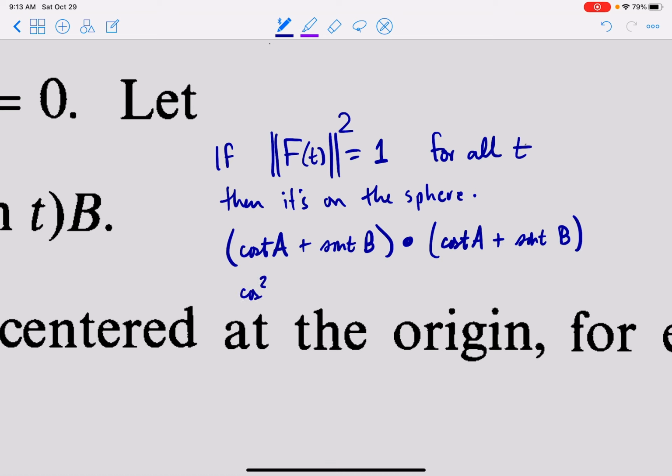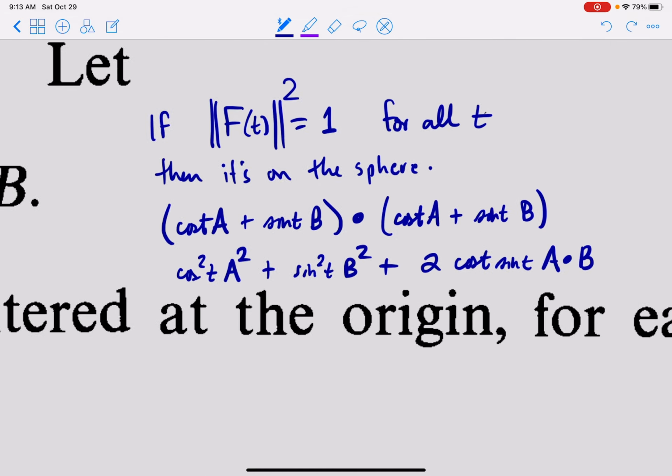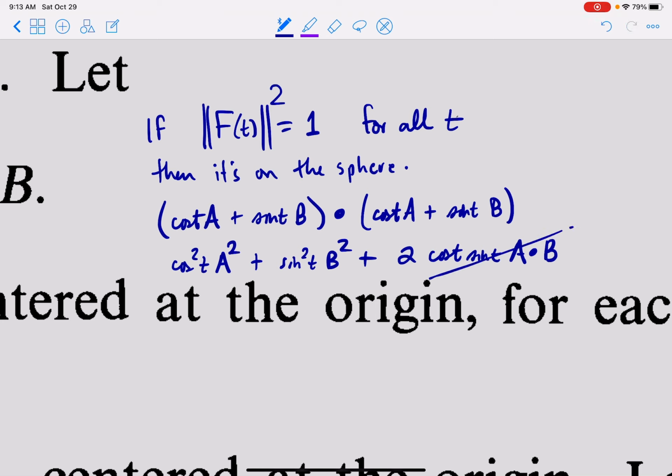We get cosine squared t a squared plus, and now let's do this one first, sine squared t b squared. Plus now the cross term, so we get a cos t sine t a dot b and a cos t sine t a dot b. So that's actually 2 cos t sine t a dot b. But if we choose a dot b in any dimension that are perpendicular to each other, this whole thing is 0.